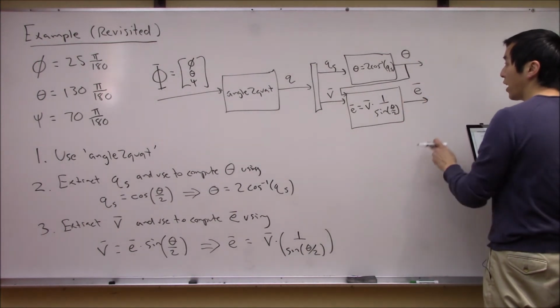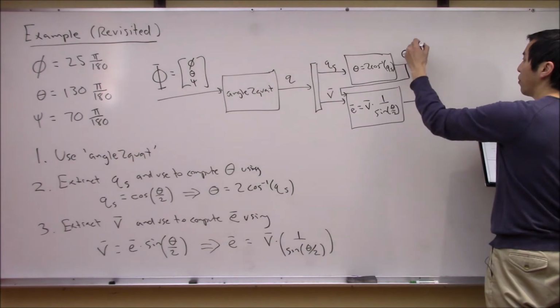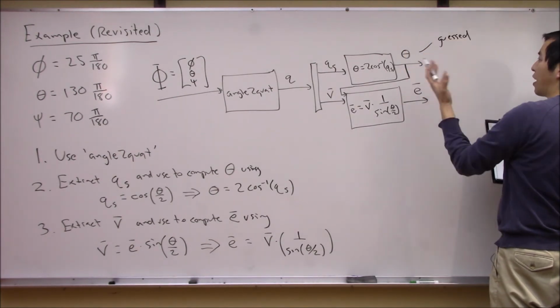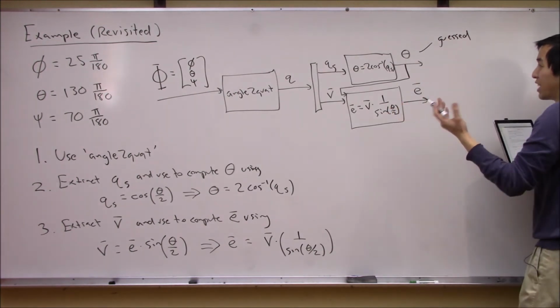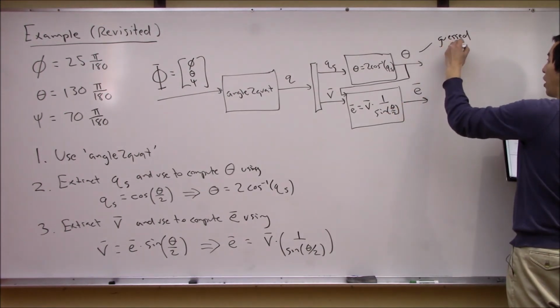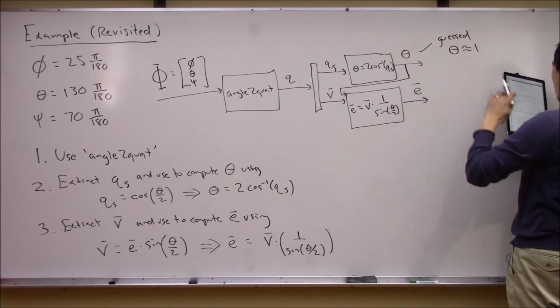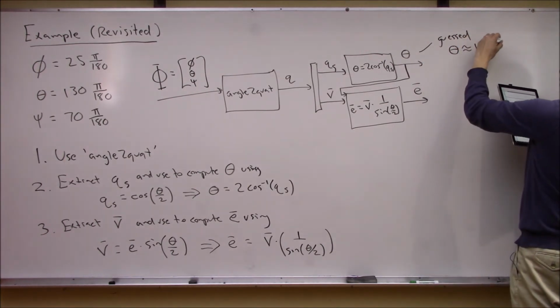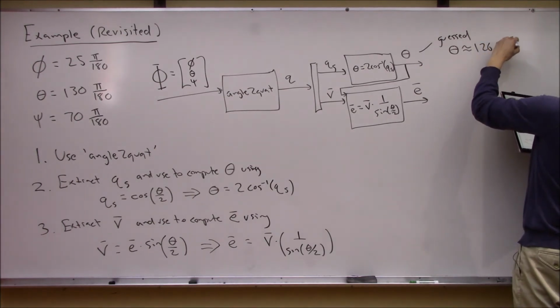Then we can go and check. If you remember, last time we used guess and check and thought theta was approximately, shoot, what was our number, 126.5 degrees.